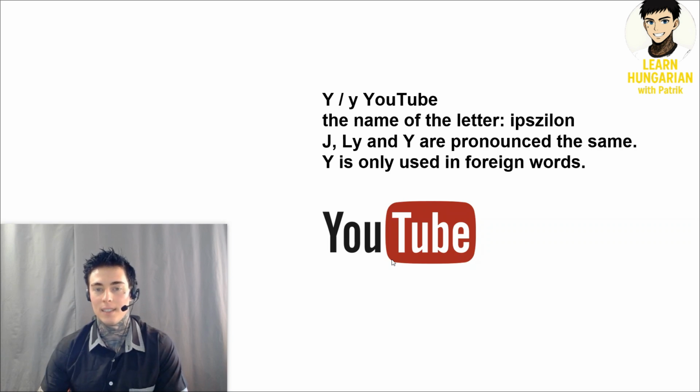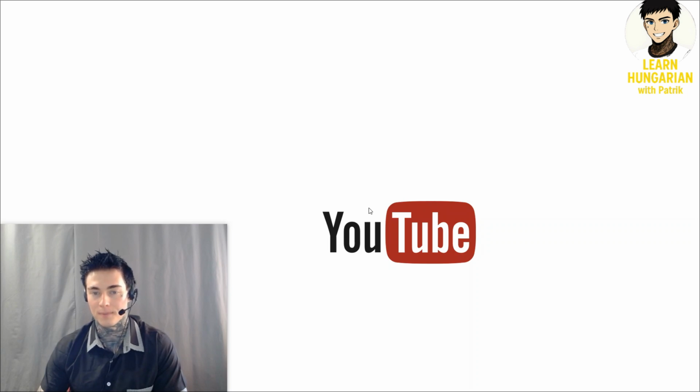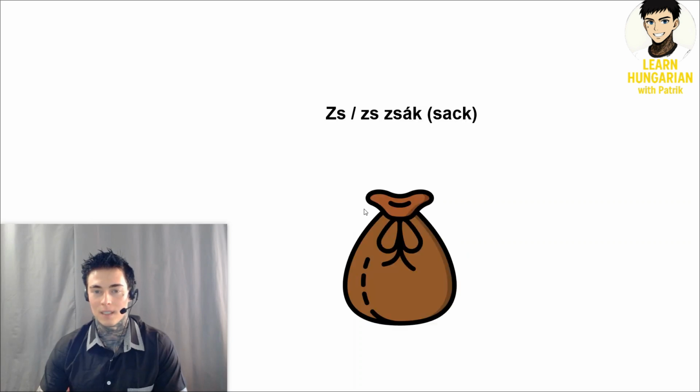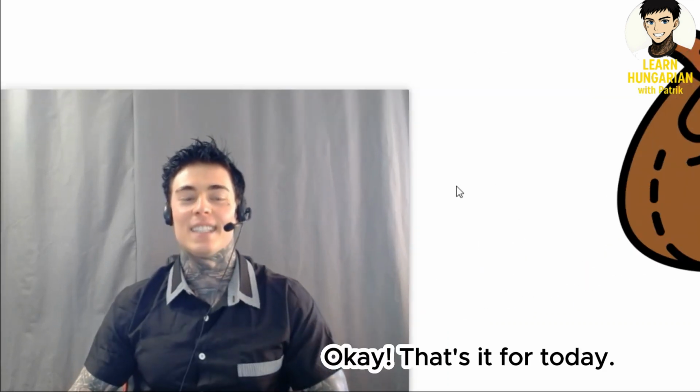Ipszilon, YouTube. Y is only used in foreign words. Z, zebra. Zs, zsák.